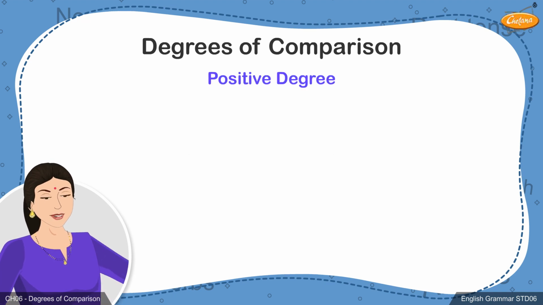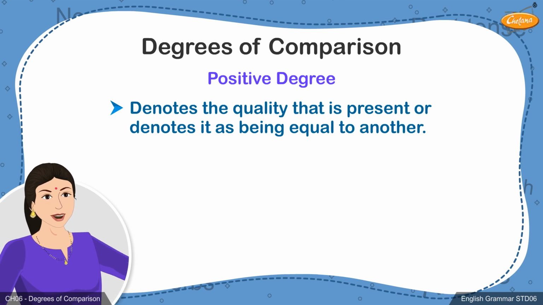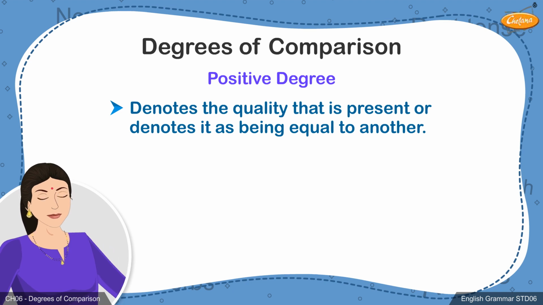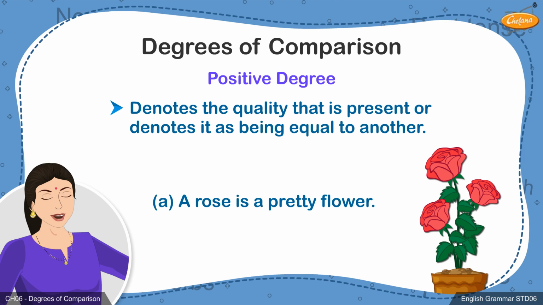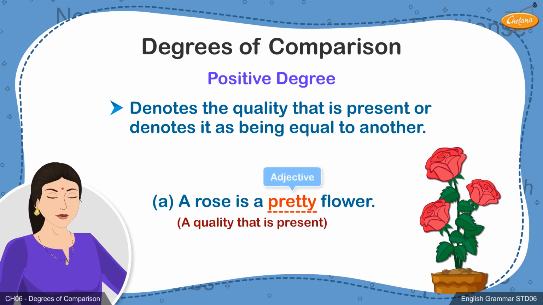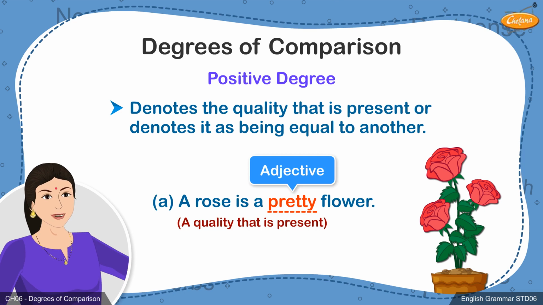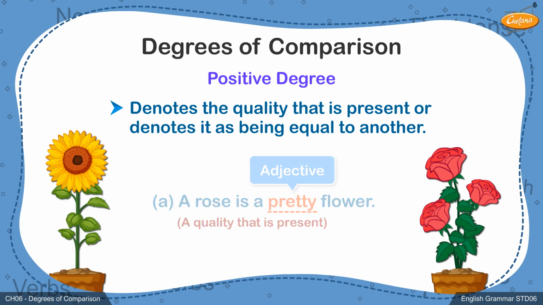1. Positive degree denotes the quality that is present or denotes it as being equal to another. For example, in this sentence, A. A rose is a pretty flower, a quality that is present. We use the adjective pretty to describe the rose flower. However, this quality of being pretty can also be compared when we talk about two different flowers.